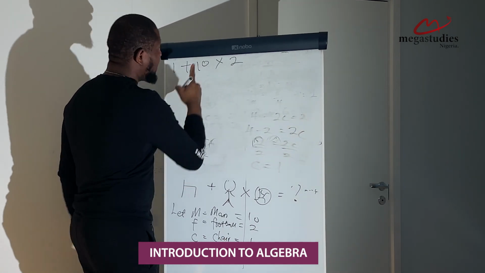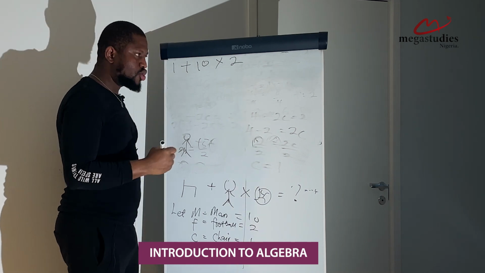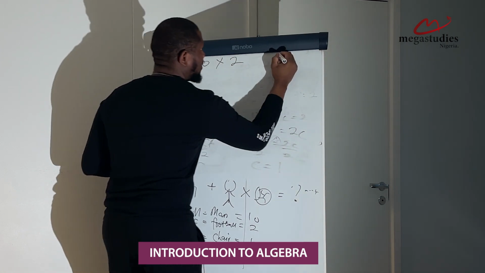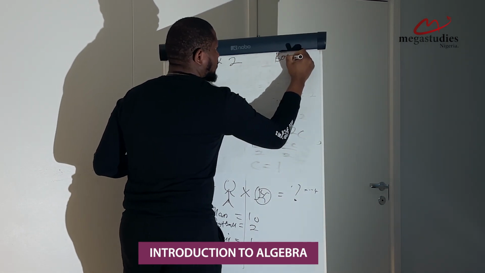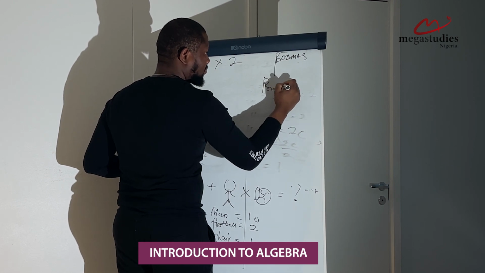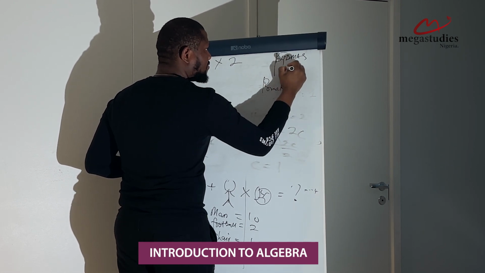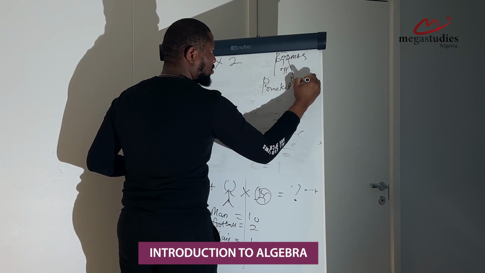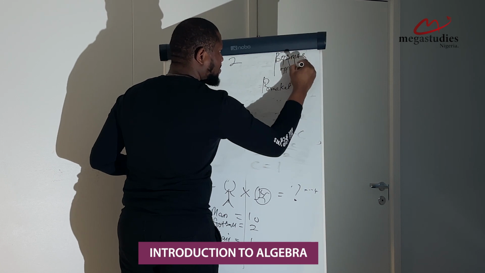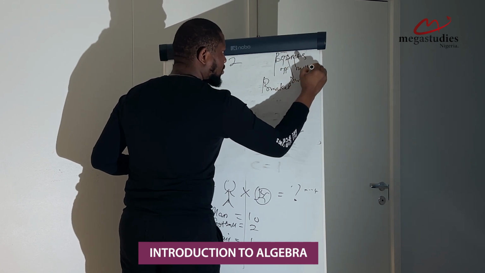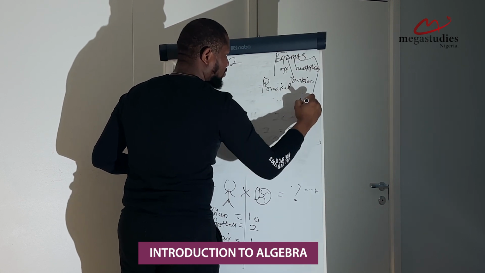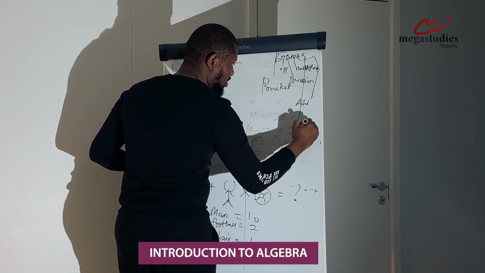In this case, we shouldn't forget to use a particular universal law, which is BODMAS. B is the brackets, O is of, D is division, M is multiplication, A is addition, S is subtraction.